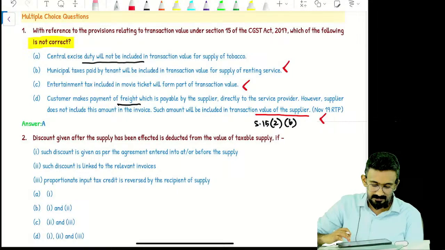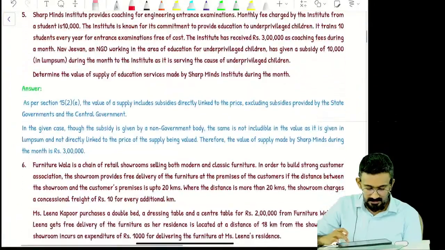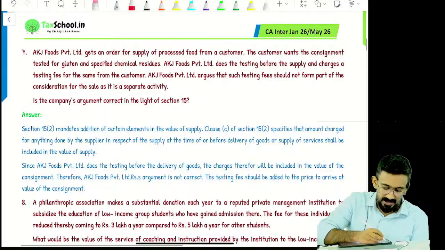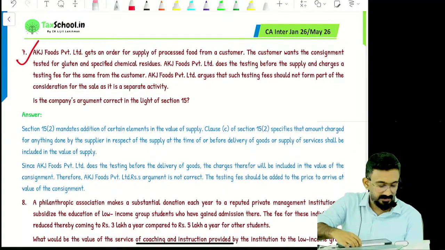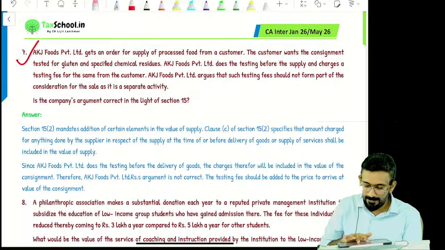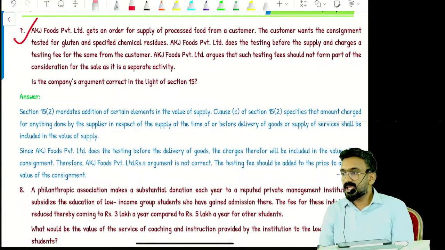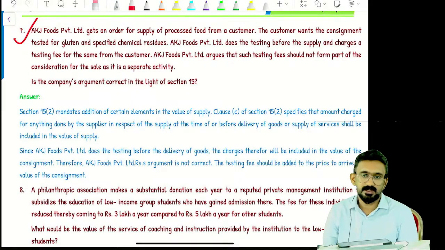Good question. A practical theory question. Read the question. AKJ Foods Private Limited gets an order for supply of processed food from a customer.